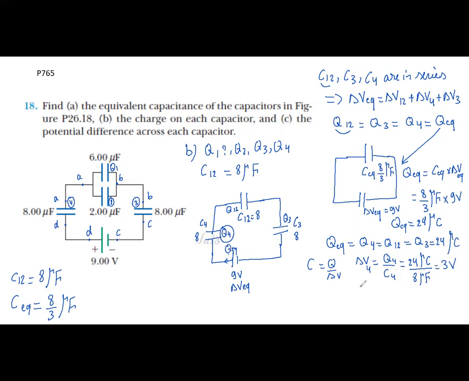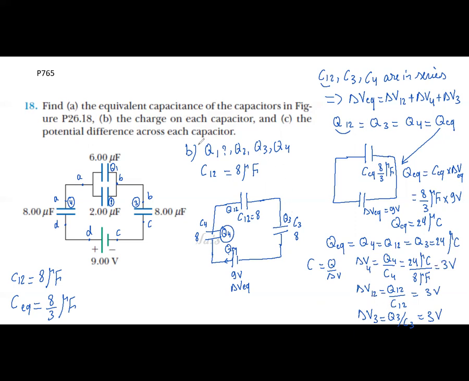Delta V12 equals Q12 divided by C12 equals 3 volt, and also delta V3 equals Q3 divided by C3 equals 3 volt.